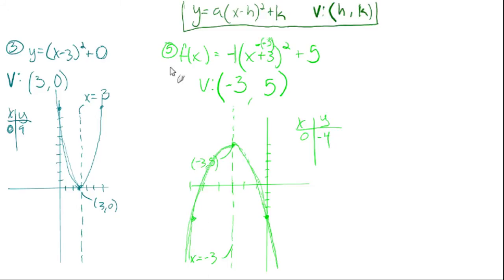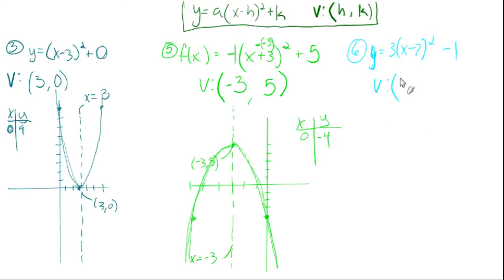Okay, and one last example, number 6. Let's see, y equals 3 times x minus 7 squared minus 1. All right, so we need to find the vertex.